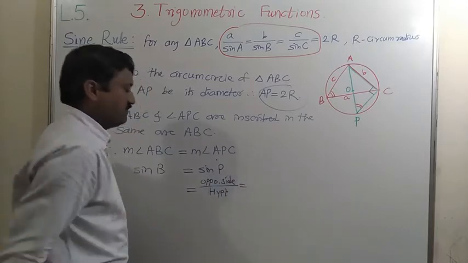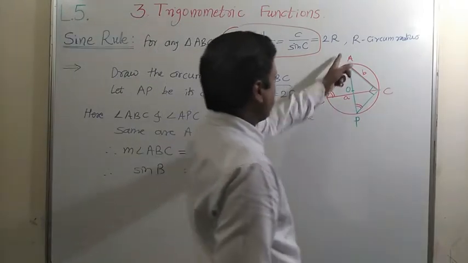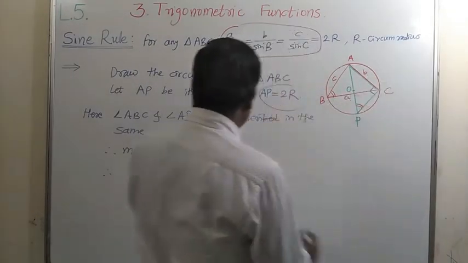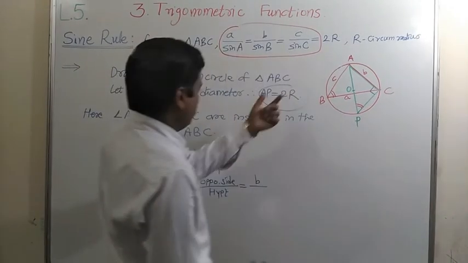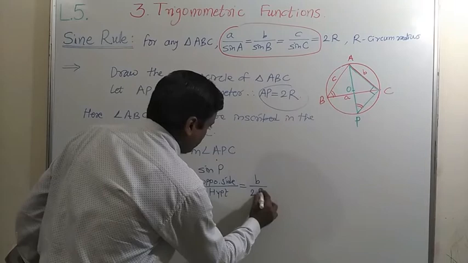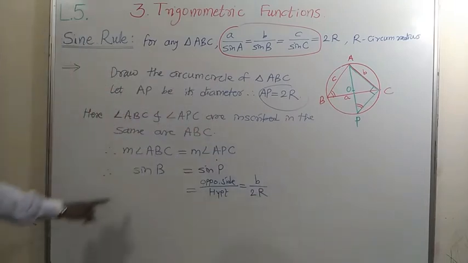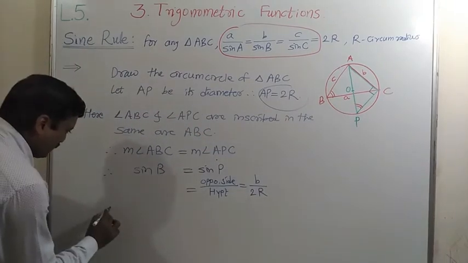The opposite side for angle P in triangle APC is small b, and the hypotenuse is AP, and AP is equal to twice R. So here we get sin B is equal to b upon 2R.